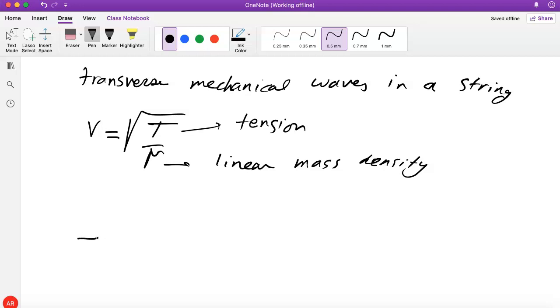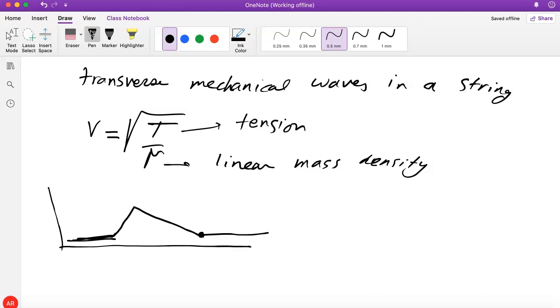So if it's a localized pulse like this, in some region the string is just flat, the displacement in the vertical direction is 0, and then maybe there's a pulse like this, and then again it's 0.